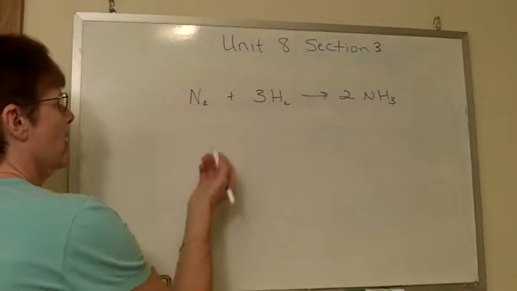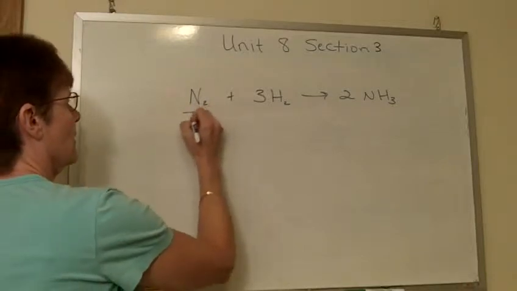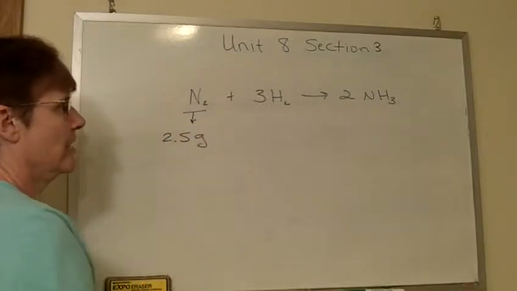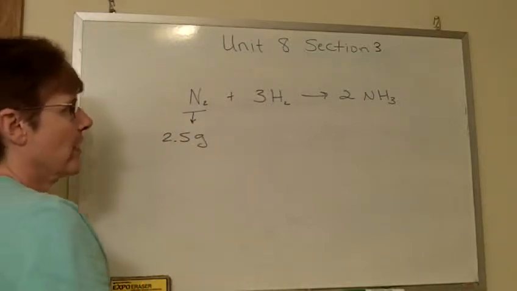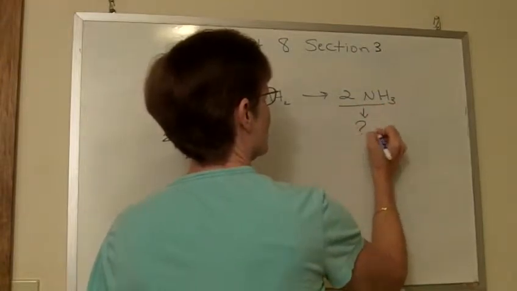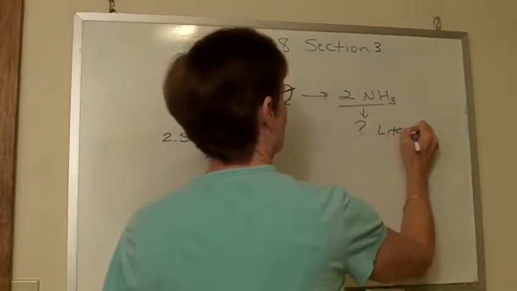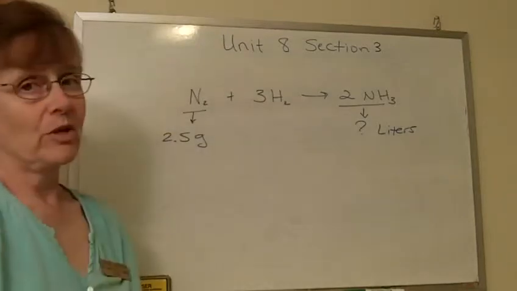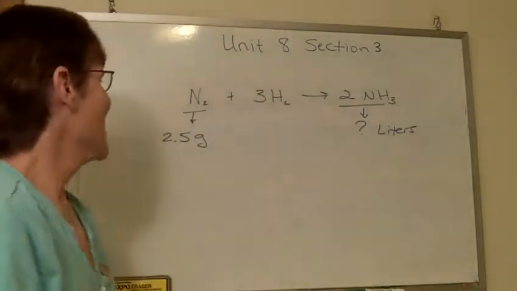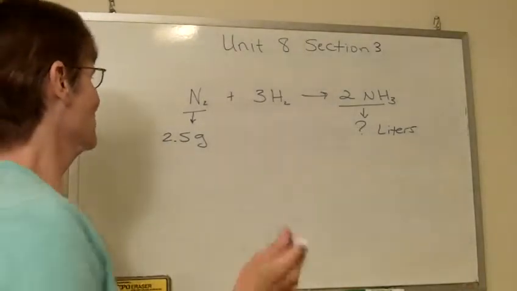So what if they told us that we were given, so this will be our given, 2.5 grams of nitrogen, and then they want to find out how many liters of this would you produce at standard temperature and pressure, because they have a very cold lab going on. So anyway, 2.5 grams of nitrogen.